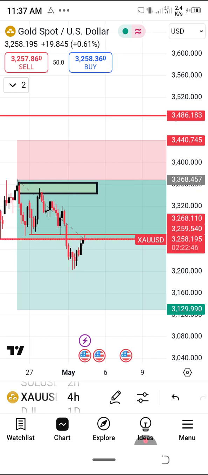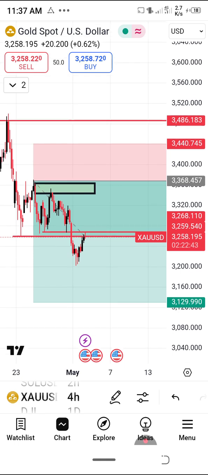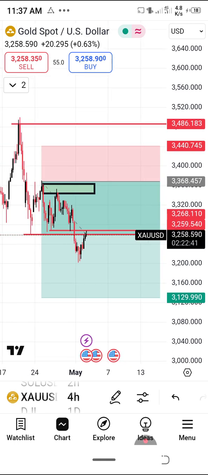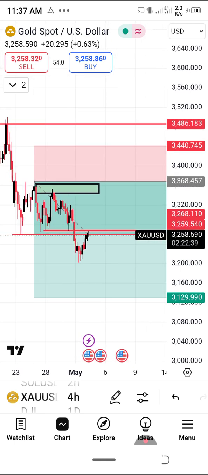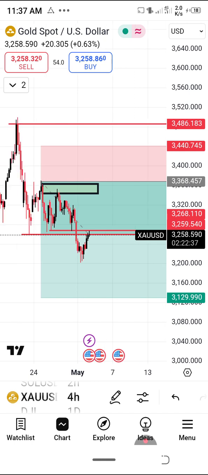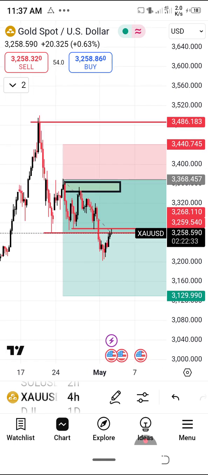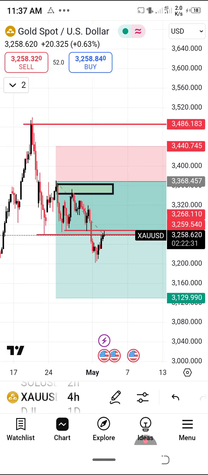Here at this point, I'm going to enter, and I'll ask myself, how much am I willing to risk? Assuming I'm trading with $100, maybe I'm willing to risk $20.